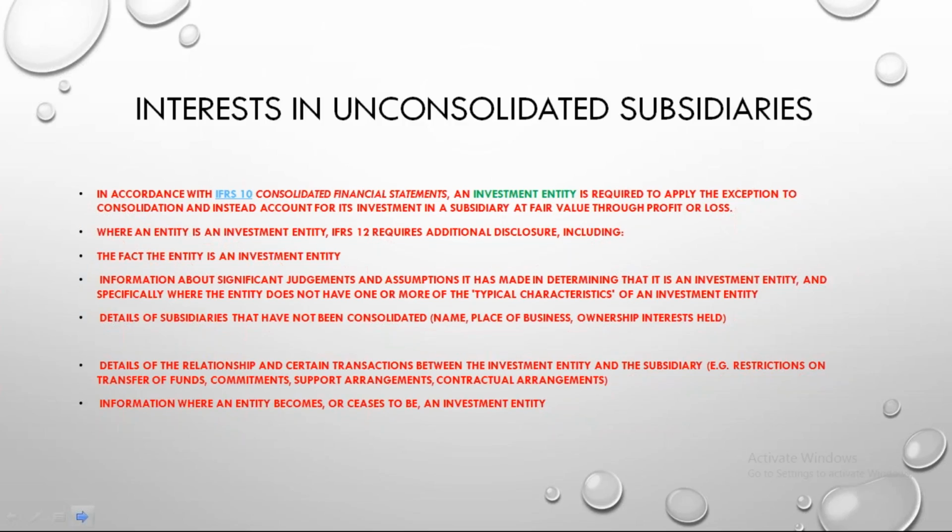The fact that it is an investment entity, because you are a company that has funds, and they invest money, but they are not investing to manage the company. They might take 40%, 50%, because you are an investment entity. The idea is not to manage the company and earn dividends.